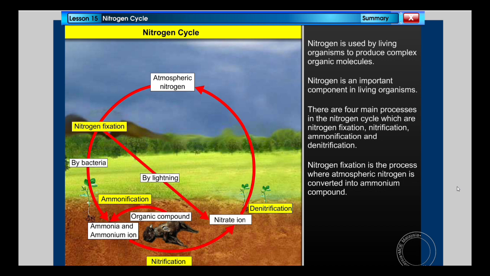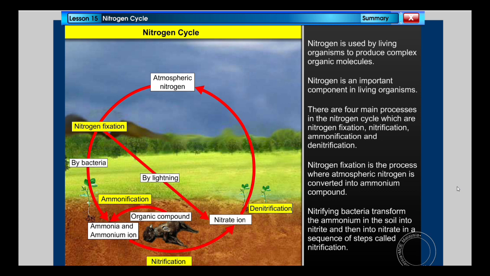Nitrogen fixation is the process where atmospheric nitrogen is converted into ammonium compound. Nitrifying bacteria transform the ammonium in the soil into nitrite and then into nitrate in a sequence of steps called nitrification.